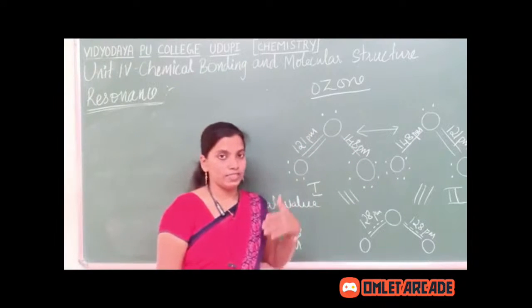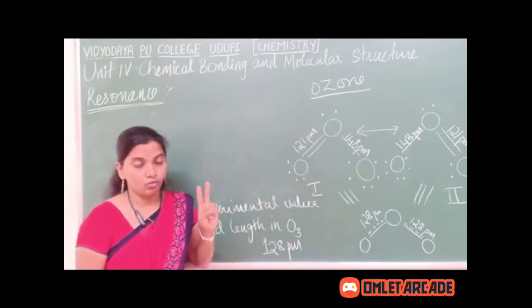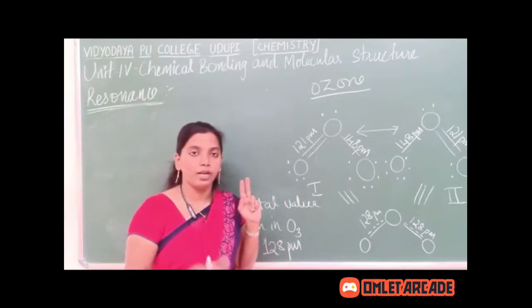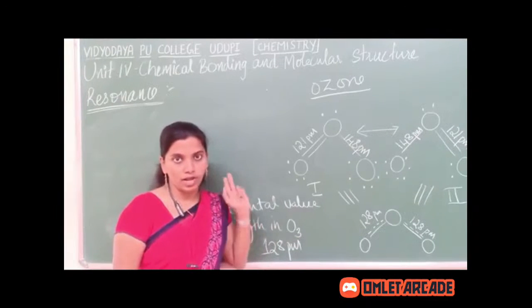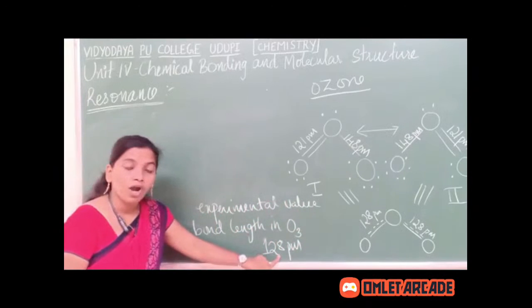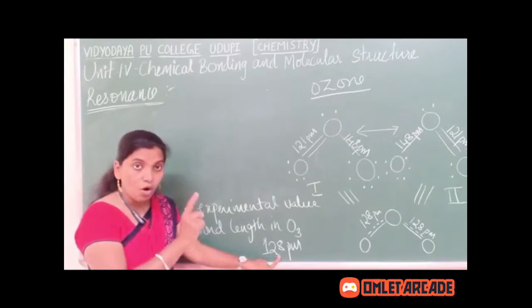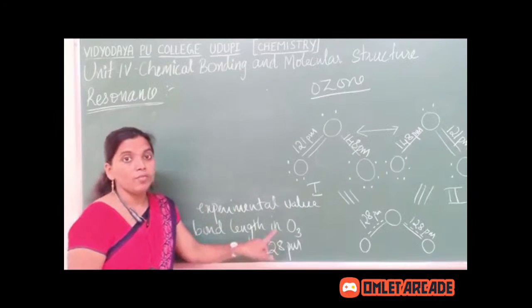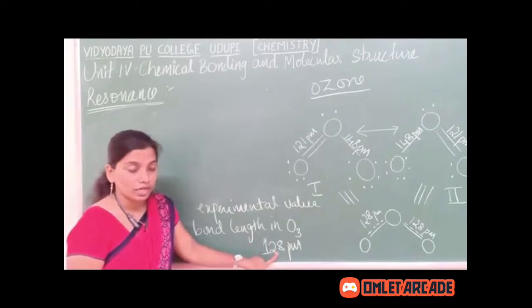Then when ozone is synthesized, we should get two different bond lengths experimentally. But only one bond length was found, 128 picometer. Both oxygen to oxygen bond lengths were the same, 128 picometer.